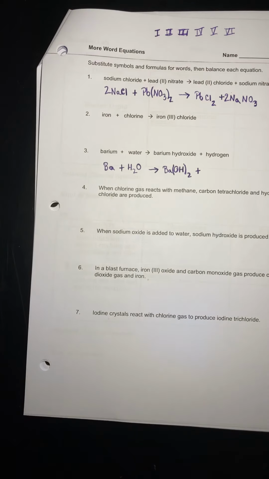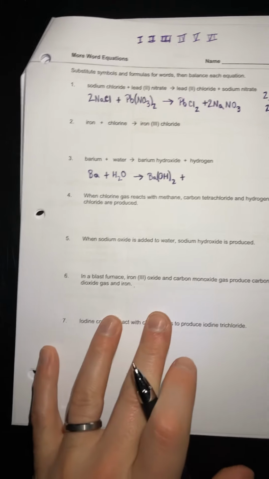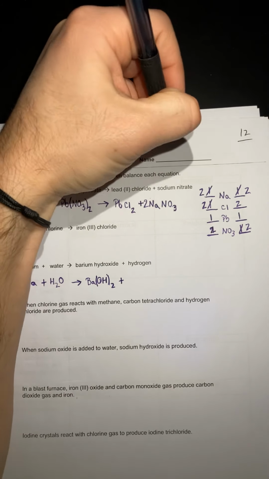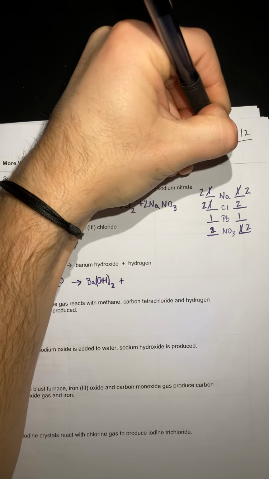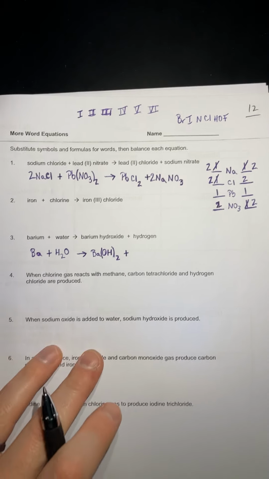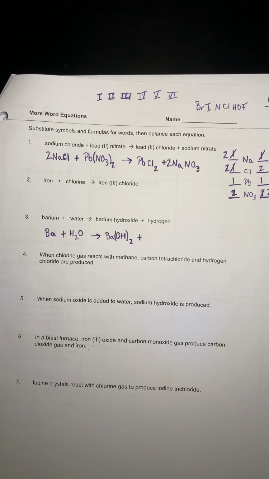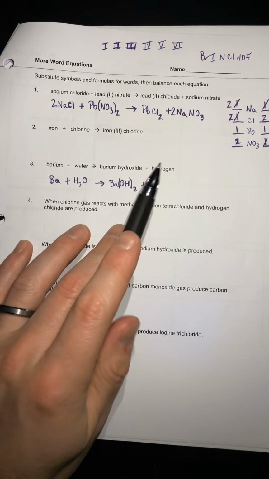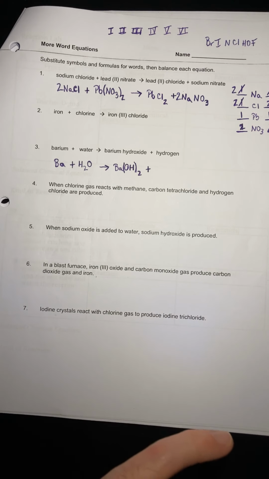Now, what's hydrogen? It's not just H. Remember this right here? Remember Brinkelhoff? Remember your 7 diatomic elements that always exist as a pair? Hydrogen, whenever it's by itself, is going to be H2.